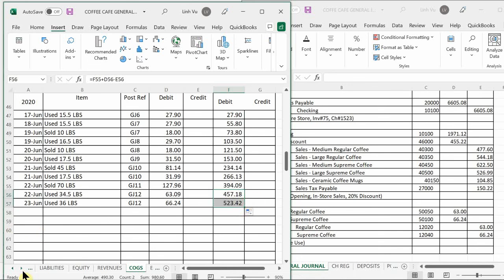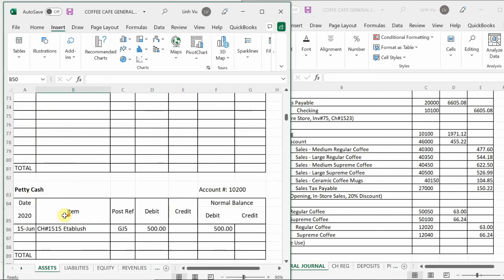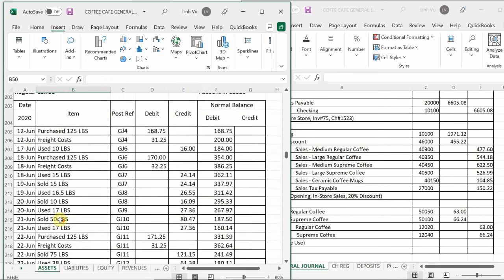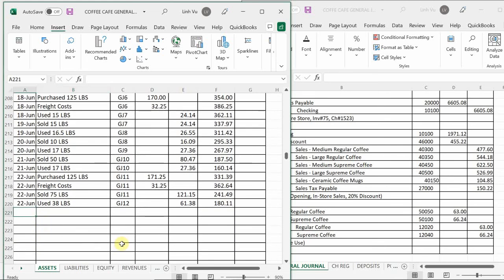All right, so we've got to update our inventory and make sure we match our inventory worksheet. So, regular coffee. We used 39 pounds. So we should have the 117.11.